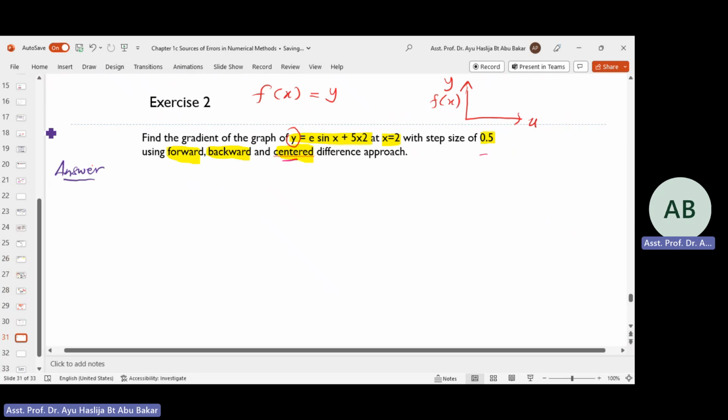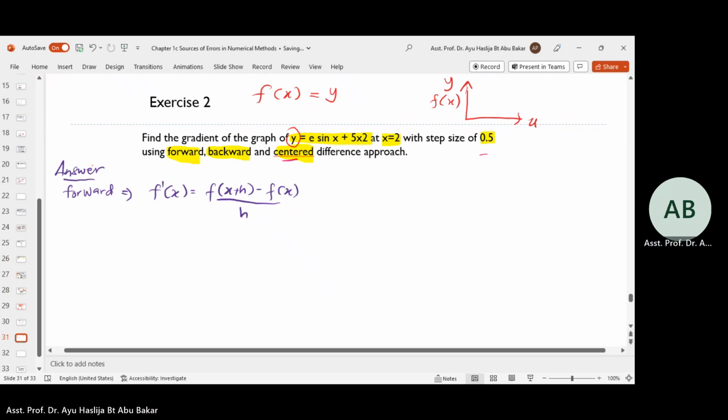For forward, we know the equation is f prime x equals f(x plus h) minus f(x) over h. The given value of x is 2, h is 0.5. Let me know if I go too fast.